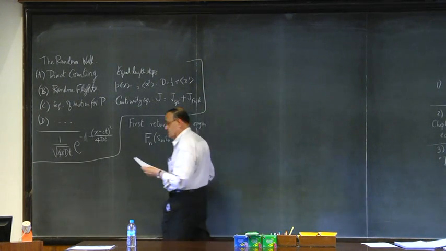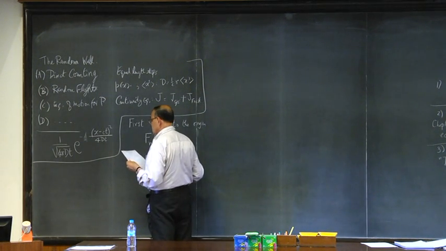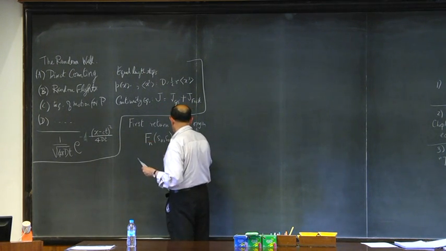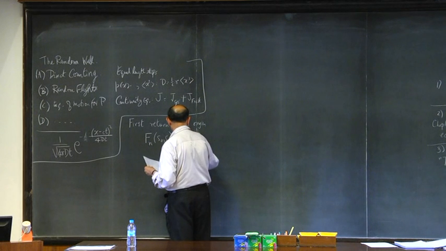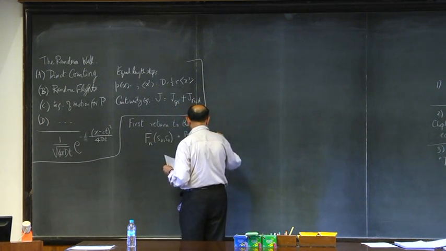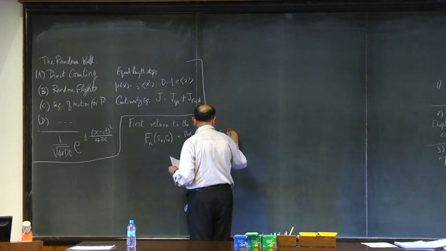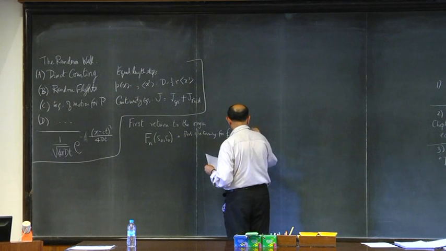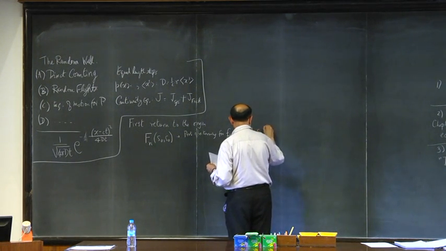It doesn't matter. It's translation invariant. So the probability of returning for the first time to S0 at step n.